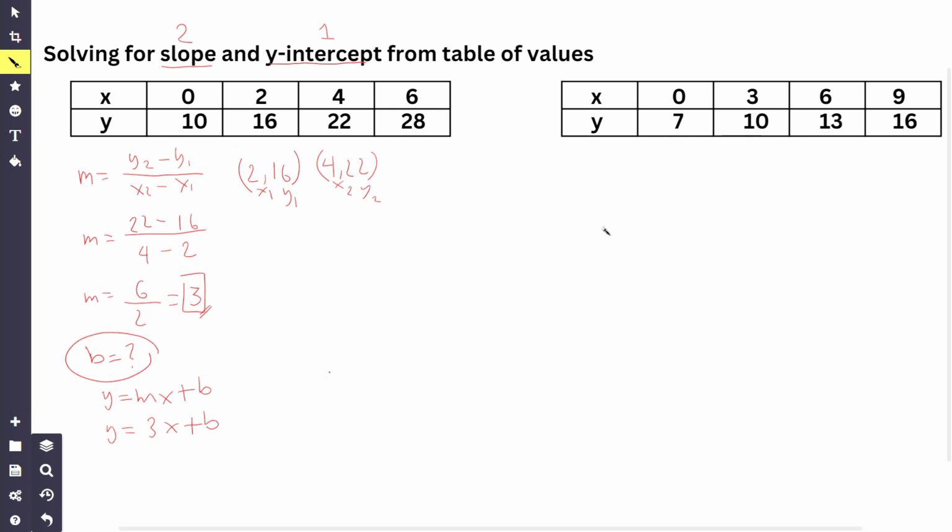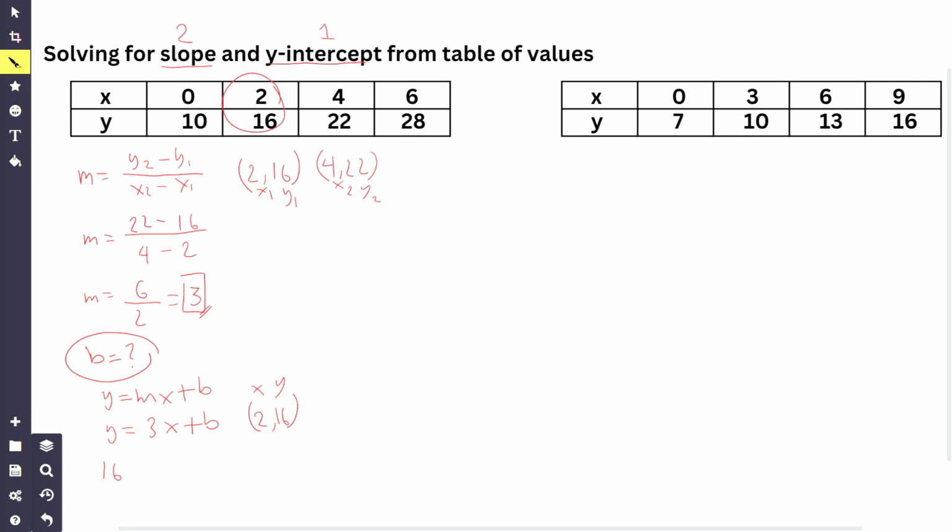What do we need to do next? A while ago, I told you that in solving for the y-intercept, we just need 1 point. So we just select 1 point. You can select either 0, comma 10, 2, comma 16, 4, comma 22, or 6, comma 28. Let's say you select the point 2, comma 16. Please take note, this is x, this is y. So I will just replace the y with 16.